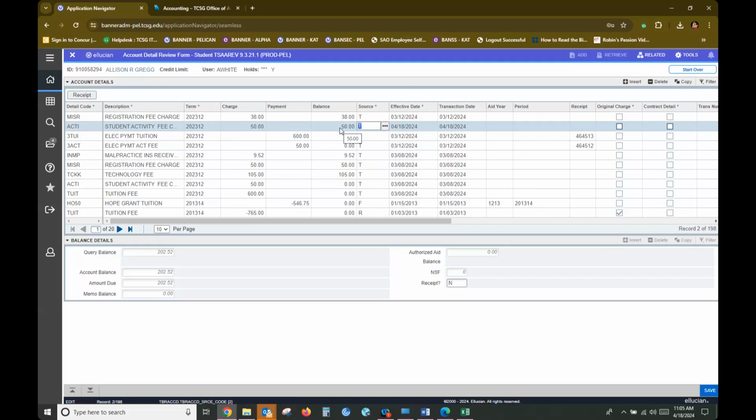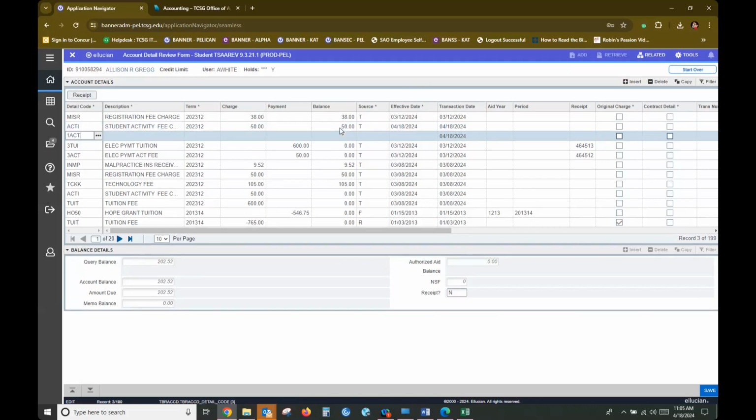Okay? So now, if I enter in a payment, I think this is the one that had the entry on the default amount and term. Yes, it did. Okay. So now if I enter in ACT1 and I hit the tab button, because there was a default amount entered and a default term on TSA DETC, that automatically populated in.